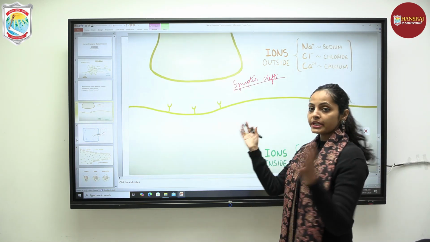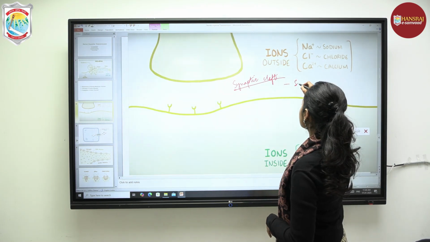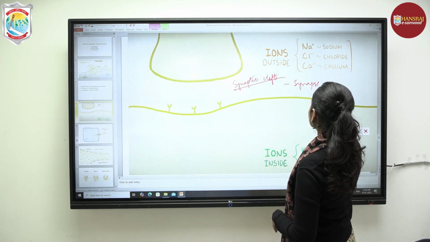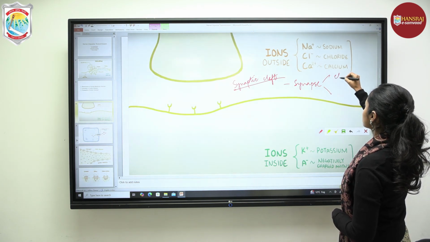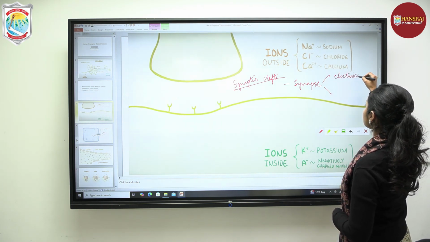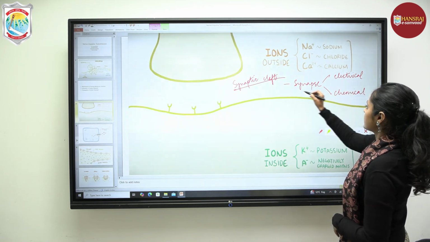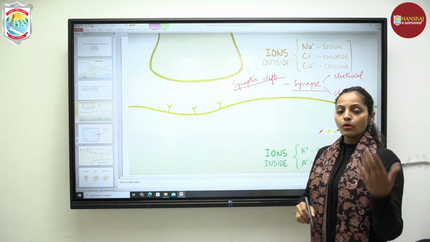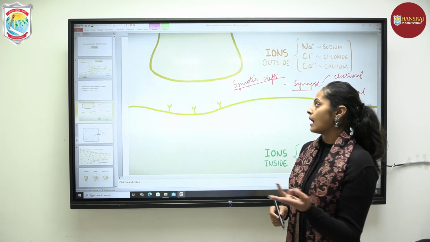And the communication between 2 neurons, that would be called as synapse. Now synapse can be of 2 types. It could be electrical synapse or it could be chemical synapse. That is one thing. Now for the nerve impulse to propagate, 3 things happen.